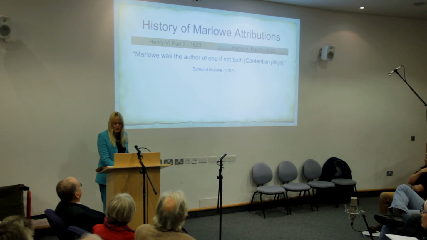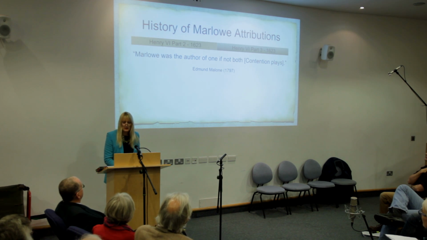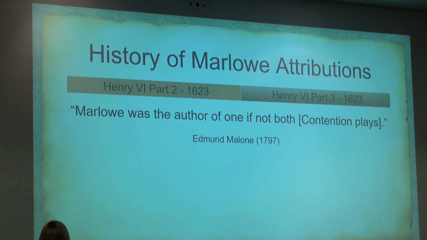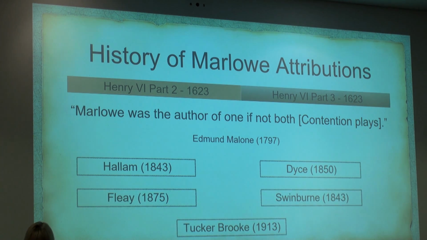The tendency to give one or both of the early plays, parts 2 and 3, to Marlowe began in 1797. Edmond Malone was inclined to believe that Marlowe was the author of one, if not both, contention plays. This opinion was also held by Hallam, Dyce, Fleay, Swinburne and Tucker Brooke.